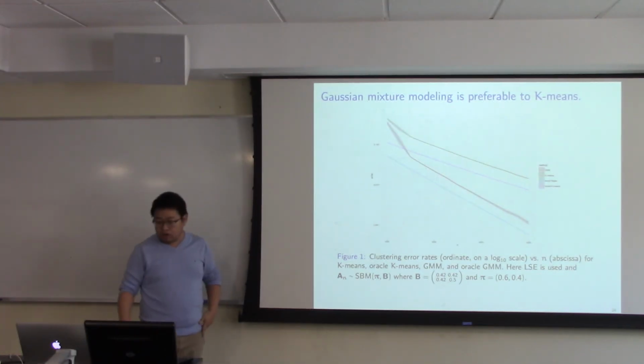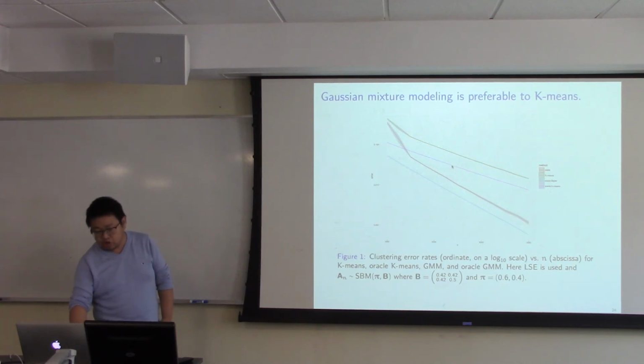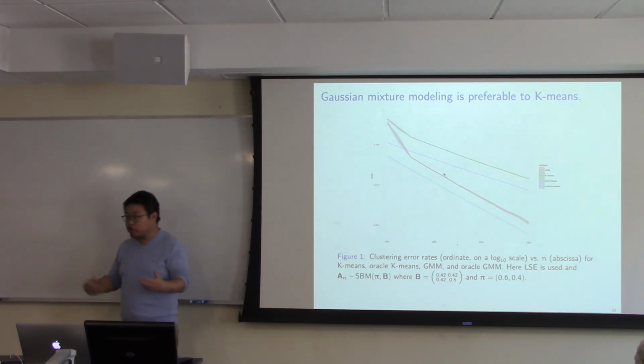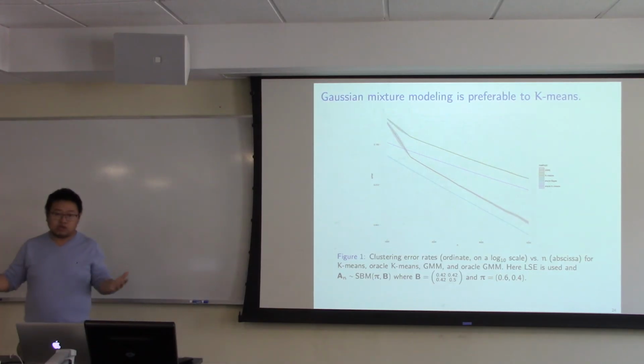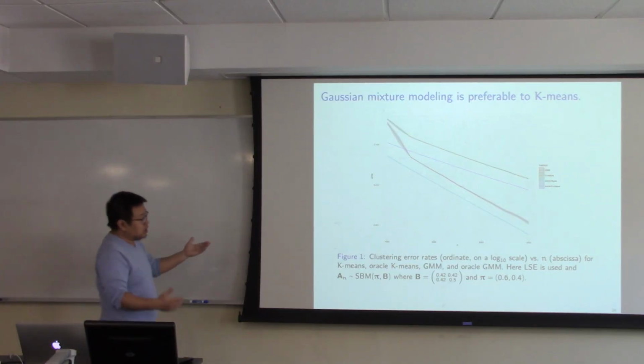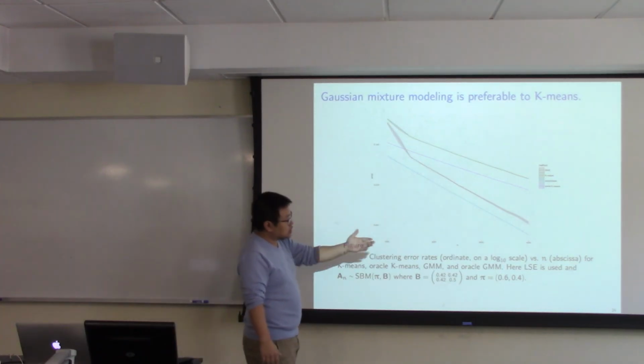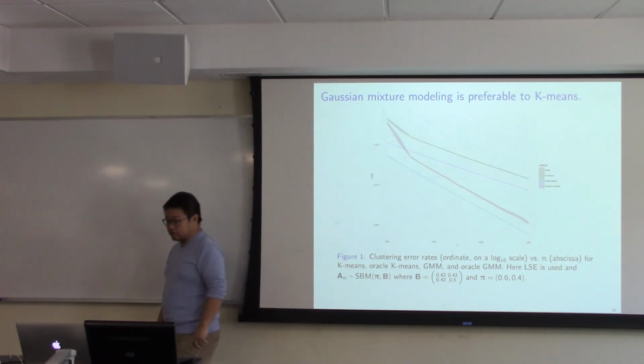Not only that, if I generate the points from the distribution and do the best I could by a linear classifier or by Gaussian mixture modeling, the performance is roughly comparable. So it means that my theoretical limiting distribution, my large sample approximation, is doing well at around 4,000 vertices.